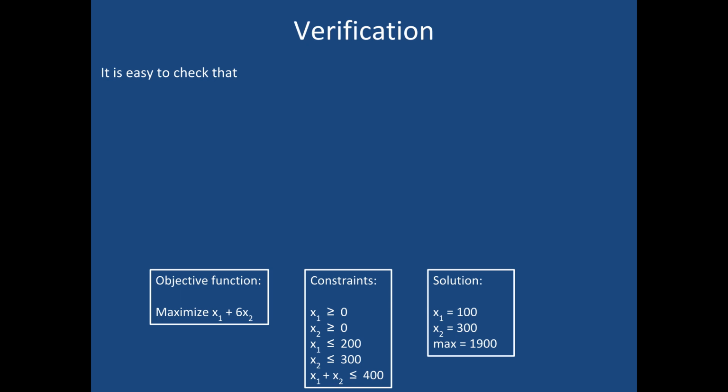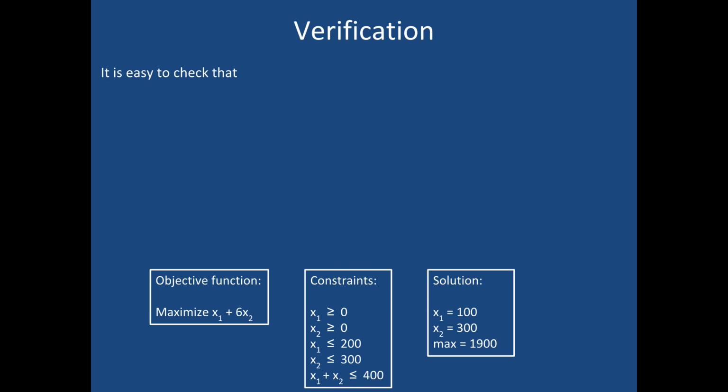But what can we do short of that? What else has to be true about the solution for it to be valid? Yeah. Plug x1 and x2 into all the constraints. Right. So it's easy to check that these satisfy the constraints. These are at least valid in the sense that they're each greater than or equal to 0, and that's these inequalities, and that's that inequality. And they do.